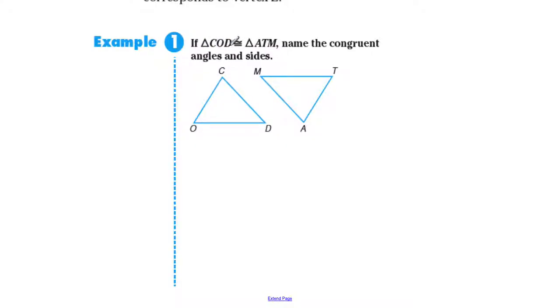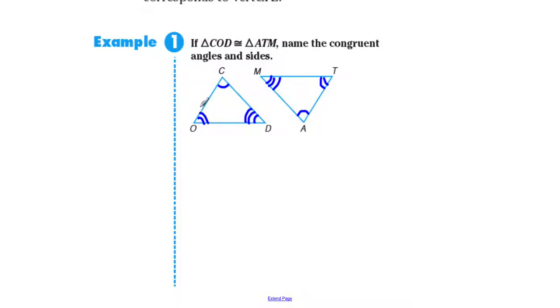When you say triangle COD is congruent to triangle ATM, that means angle C corresponds to angle A, and they are congruent to each other. Angle O corresponds to angle T, and both of them are congruent. And angle D is congruent to angle M, because they also correspond to each other.